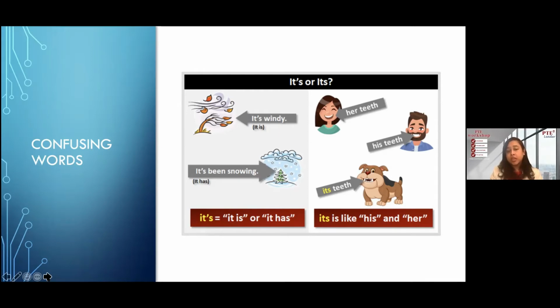They don't understand when to put an apostrophe and when not to. So you put an apostrophe only when you mean it is or it has, the contraction of it. So it's and its can sometimes be really confusing.